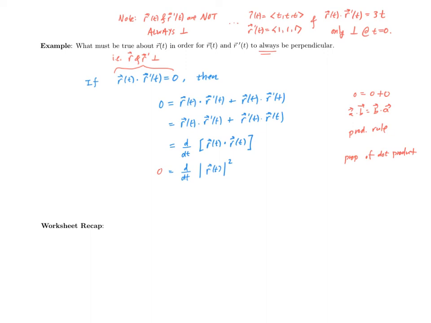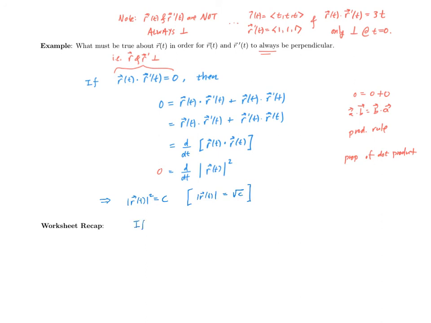And what's the only way the derivative of a quantity can be 0? If that quantity itself is a constant. So this is telling us that the magnitude of r of t squared must be equal to a constant. And if the modulus of r of t squared is equal to a constant, the modulus of r of t itself is also a constant, just the square root of it.